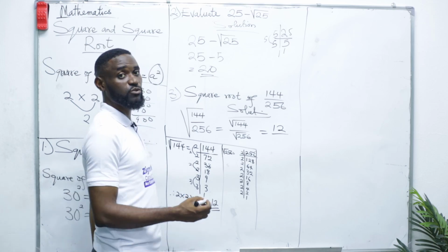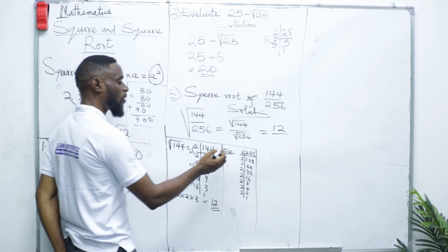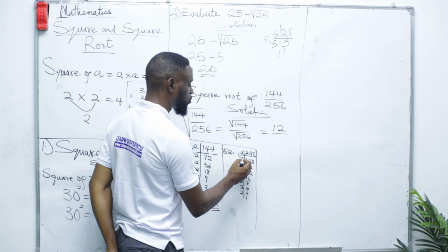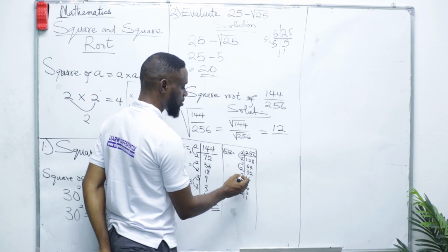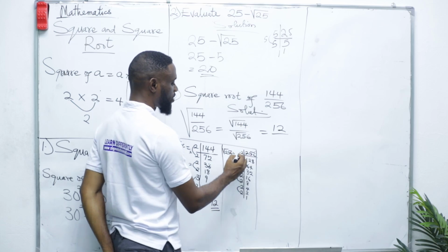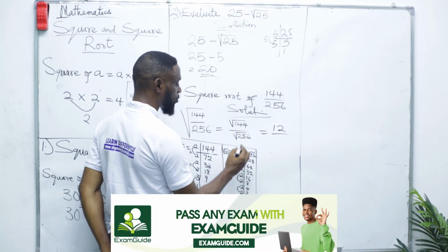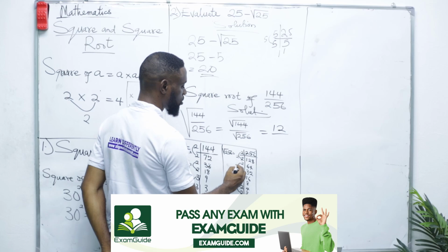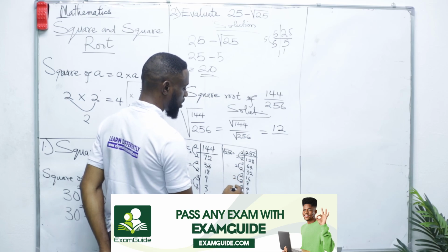So we group in twos like we did in 144. These are in twos and in twos. For each of the groupings, we bring out one of the numbers. So this is 2, this is 2 here, this is 2 here, this is 2 here.